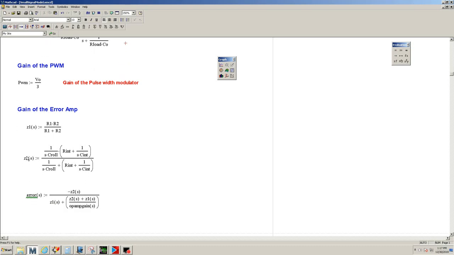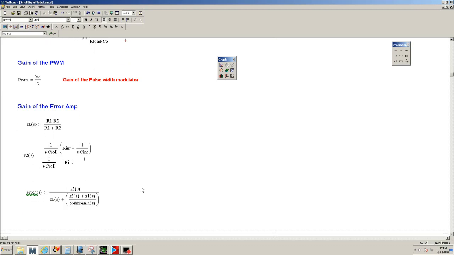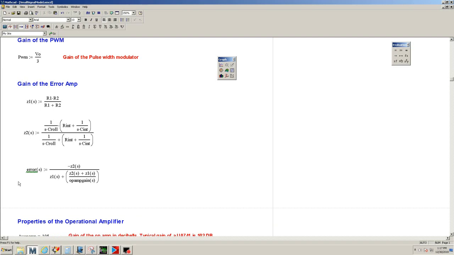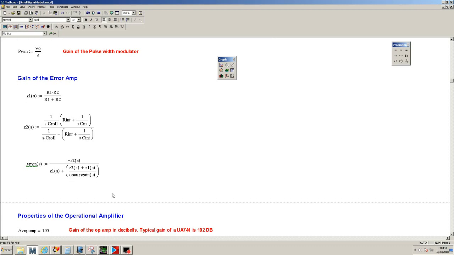Here is the impedance of Z2. Then this equation defines the transfer function. Here is negative Z2 divided by Z1, and then this term here is the op-amp gain, defined as well in terms of S.